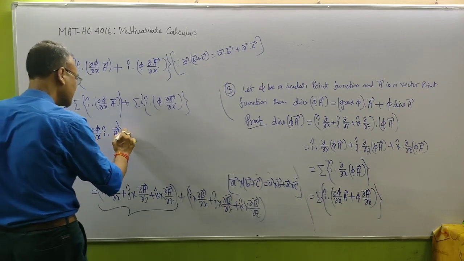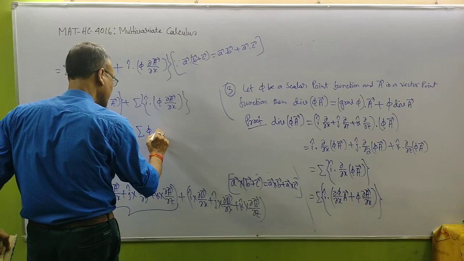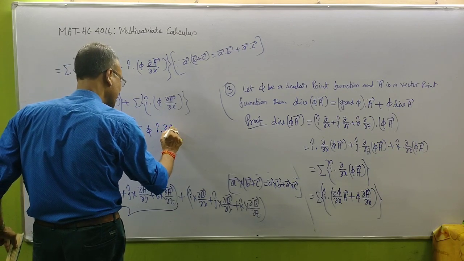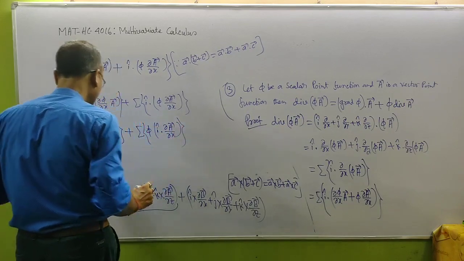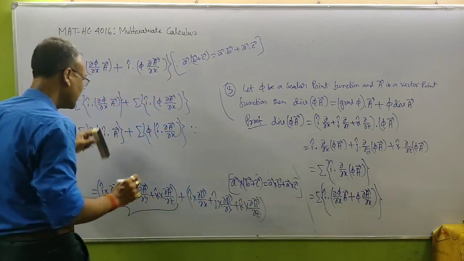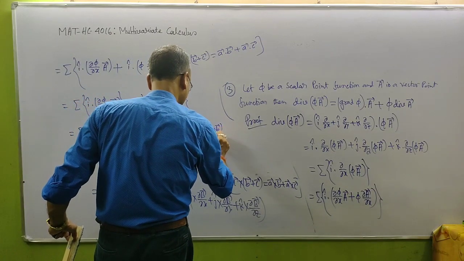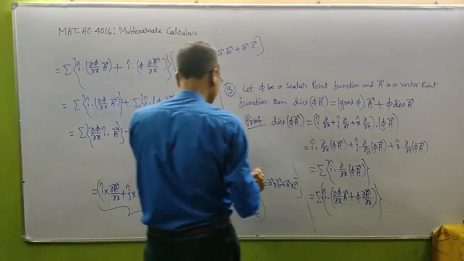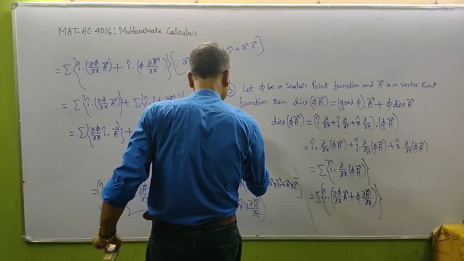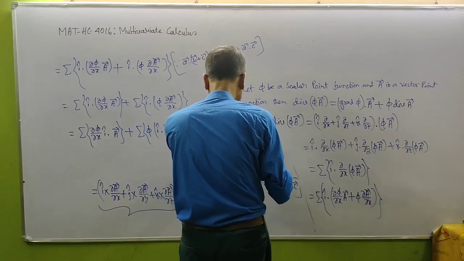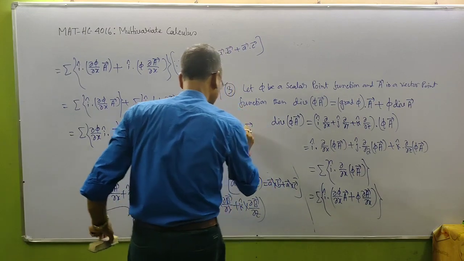Here A vector dot mB vector equals m A vector dot B vector.